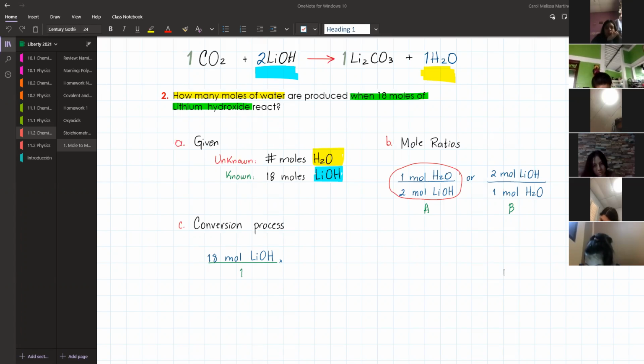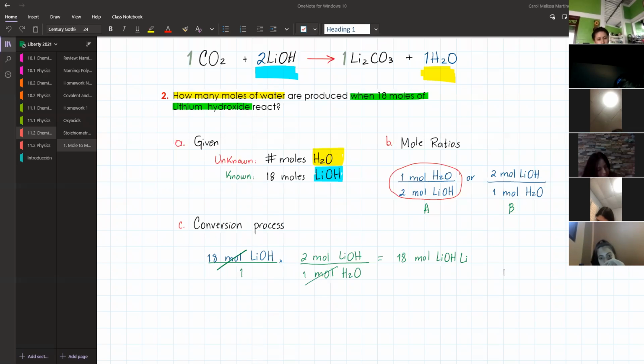Because what happens if you use B? I'm going to use B just for the example, okay? 2 moles LiOH and 1 mole of water. If you do this, you can cancel the moles and moles, yes, but you will have the units that you didn't cancel, that is 18 moles of LiOH again, divided by 1 H2O.